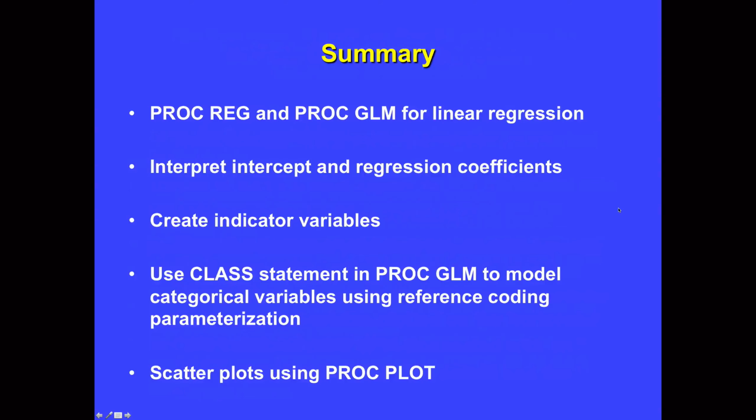Those are created again within a data step. You should also understand how to use a class statement within proc GLM so that you could model a categorical variable using a reference coding parameterization that would relax the strict linearity assumptions inherent in linear regression. And we talked briefly about scatter plots using proc plot.